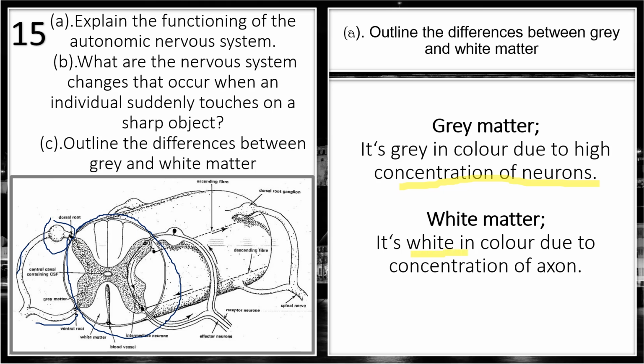Whereas the white matter is white due to concentration of axons. The white matter, this one which is white, is mainly concentrated with a lot of axons of nerves going to the brain and then also other nerves going to the body.